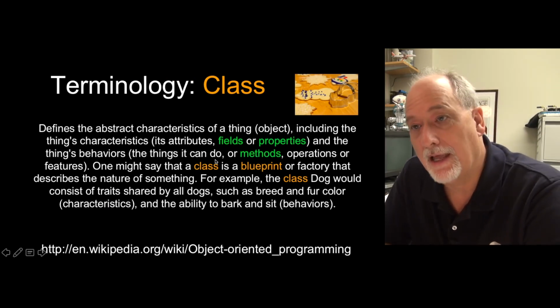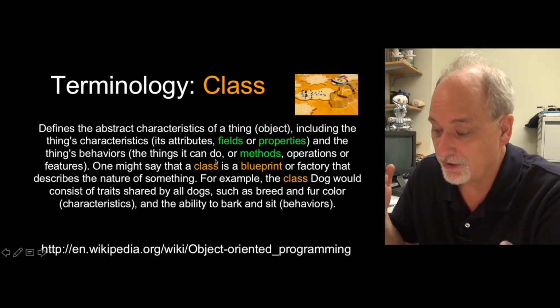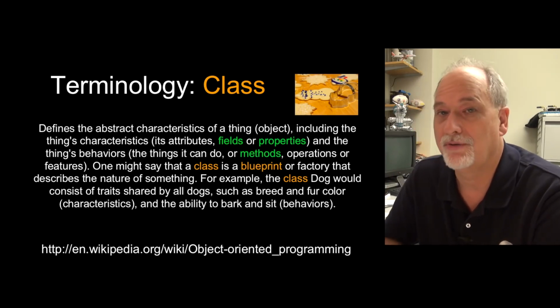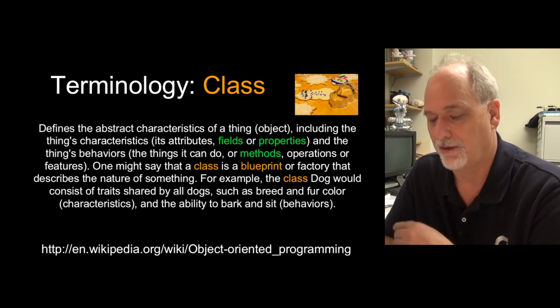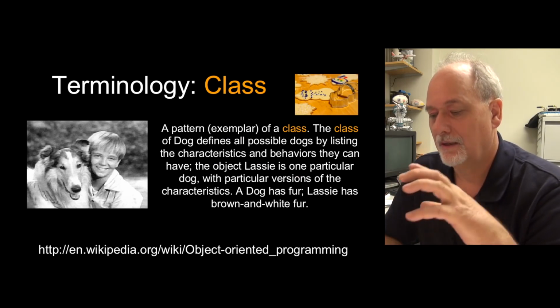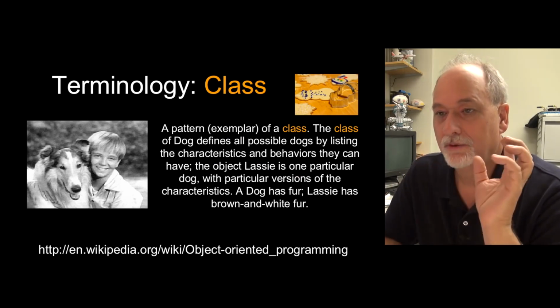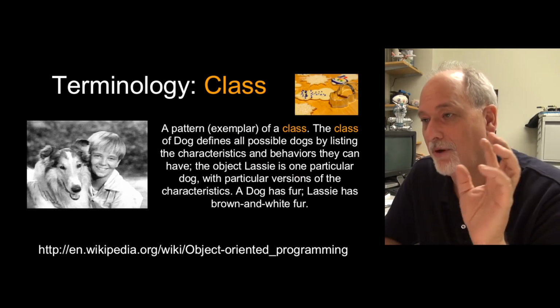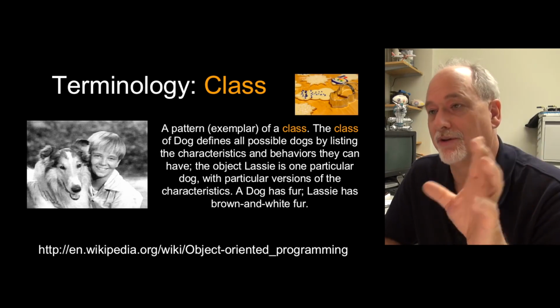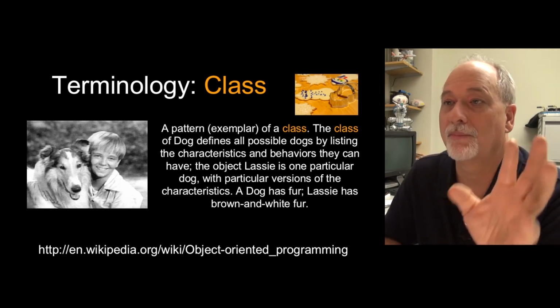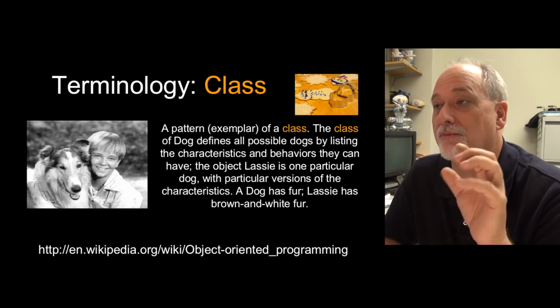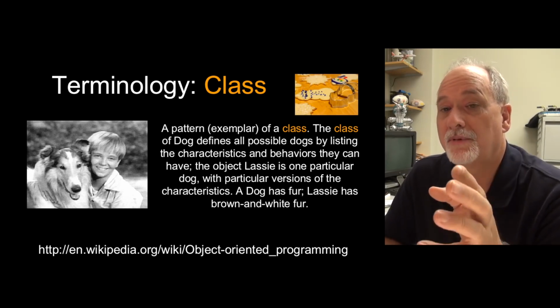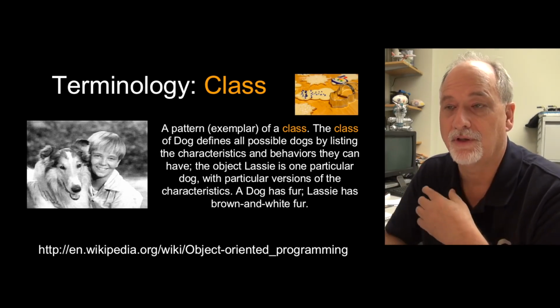So, like I said, a class is a template. It defines the characteristics of the objects that we're going to make from it. It is the cookie cutter. So, dog is sort of the exemplar. Lassie is a particular dog, and so dog has fur, and dog barks, and dogs do all these things, so we know something about dogs, but it doesn't mean we have a dog, right?